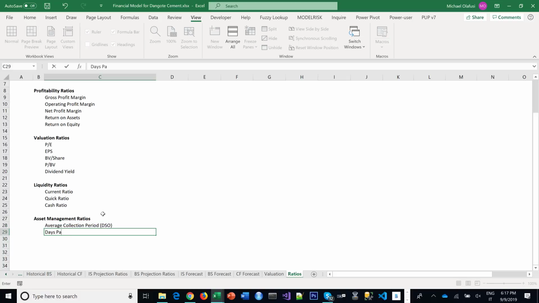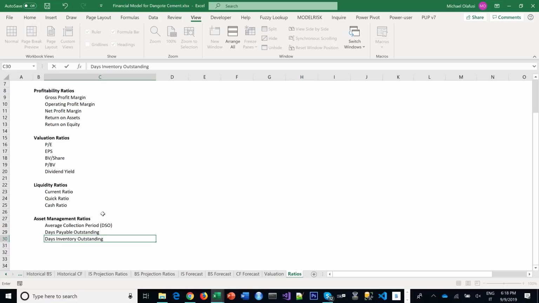Days payable outstanding. So typically a company will want to collect its revenue faster than it needs to pay its suppliers. So you don't have your money hanging outside and you have suppliers you have to pay, and you don't have money to pay them, or you're having to borrow from the bank to pay your suppliers.